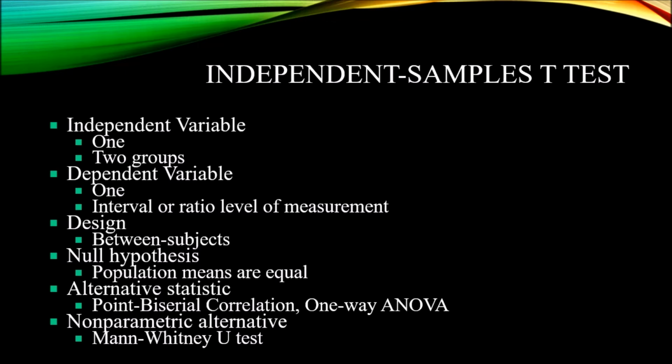Again, a between subjects design. A participant can only belong to one of those two groups, either the CBT group or the psychodynamic group. They can't belong to both groups. So it's between subjects. The null hypothesis for the independent samples t-test is that the population means are equal, and you have a couple of choices for an alternative statistic: of course the point-biserial correlation, and also one-way ANOVA.